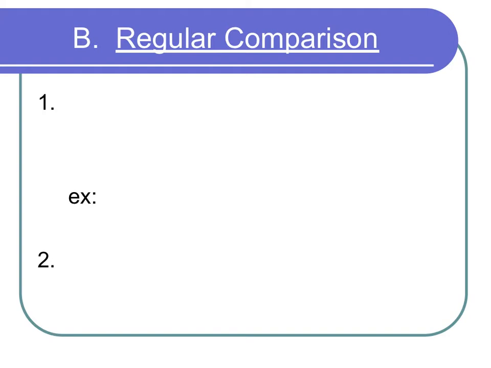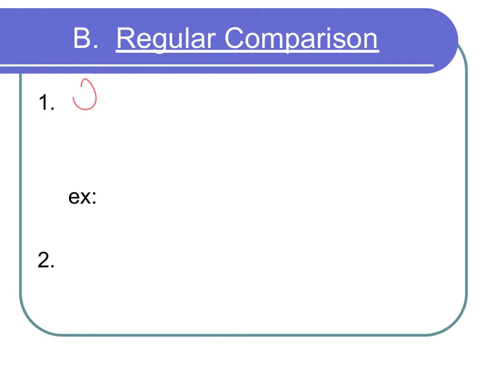Okay, so the first thing we want to know is there are 3 degrees of comparison. And now we want to figure out, well, when do we use our 3 degrees of comparison? And what we want to do is we want to make sure that we use them correctly.